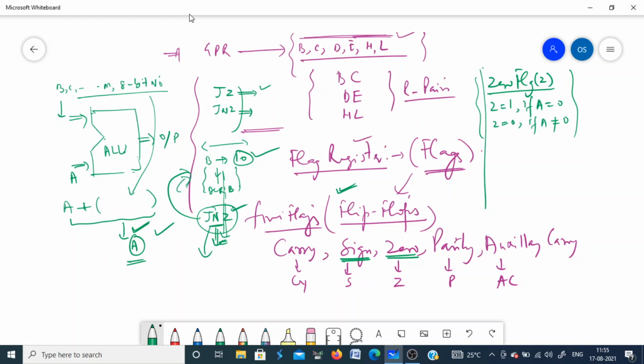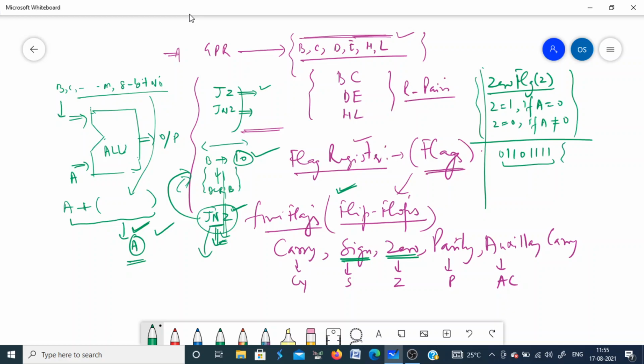If you go to the signed number representation, we classify signed numbers into positive and negative numbers by looking at the most significant bit. If I have the data 0 1 1 0 1 1 1 1, is it a positive number or a negative number?